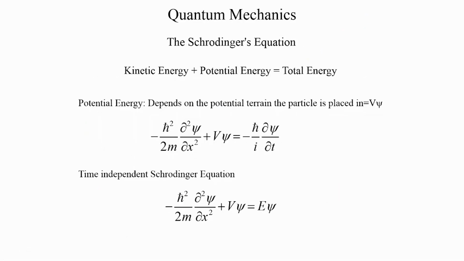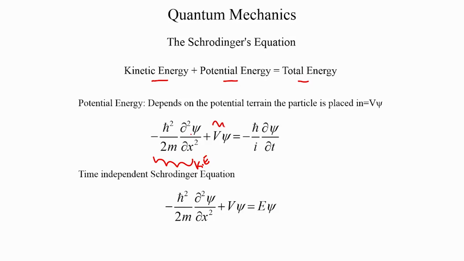So let us look at what the Schrodinger's equation is. As we mentioned, the Schrodinger's equation is an energy conservation equation which says that the kinetic energy plus the potential energy is equal to the total energy. We have already seen the kinetic energy operator, and we found that this operator operating on the wave function yields the term for the kinetic energy.